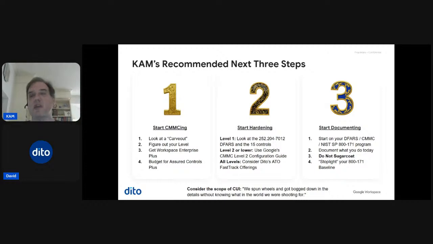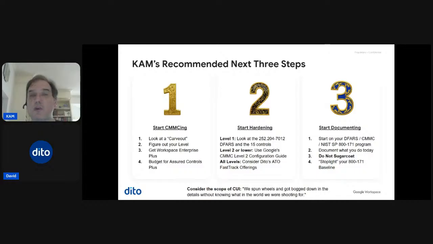Remember that there's more than just technical involved. So, for example, who does your accounting? Who does your billing? Who does your support? Things like that. Certain things have to be kept to only those people. So, you might have to have, for example, a smaller support section of people that are able to handle the support for your CMMC work.